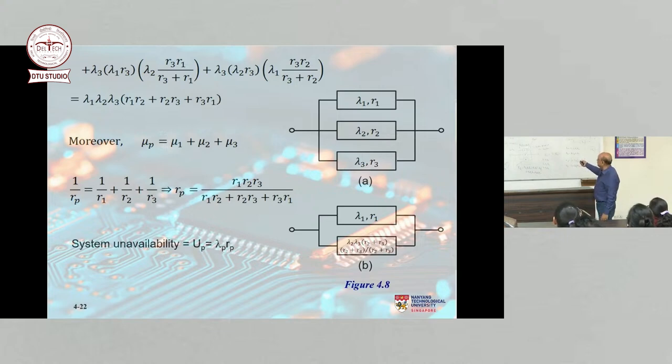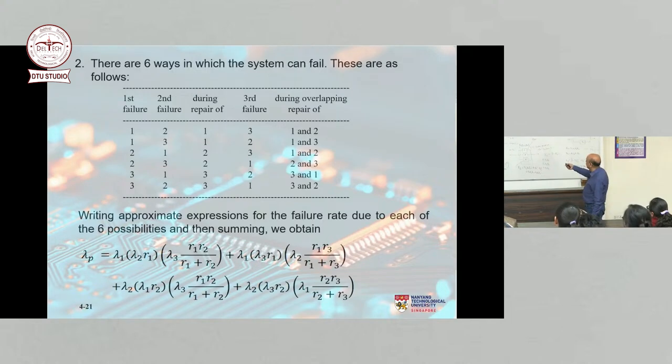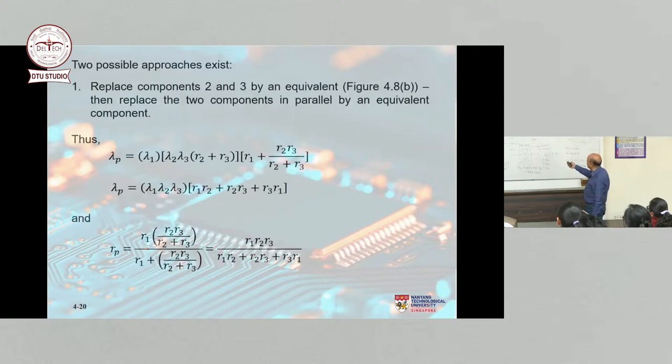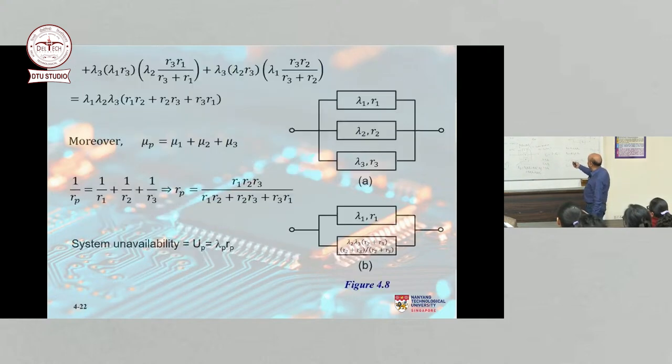It is r2 r3 over r2 plus r3. Sorry, I made a mistake earlier. And then you can combine these 2 in parallel using the same equations, right? You can extend the analysis.